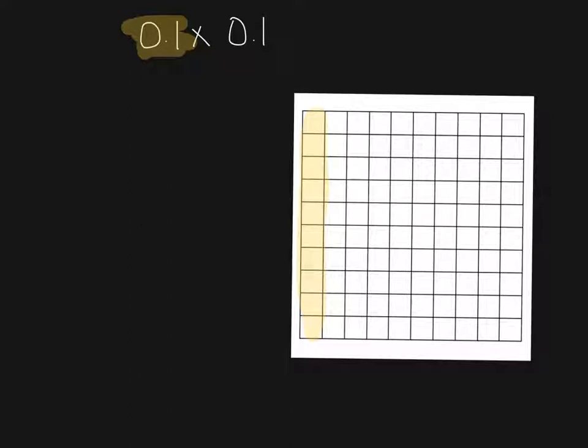That big square is a whole, and I've highlighted 1/10 of it. Now what I want to do is find out what 1/10 of that tenth is. So I'm going to highlight that tenth in a different color. And since I have 10 parts in this column here, I have 10 squares. I'm just going to highlight one of those 10 squares, and that will be 1/10 of 1/10.